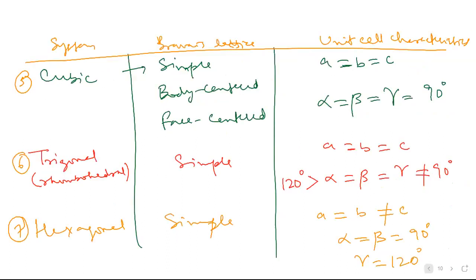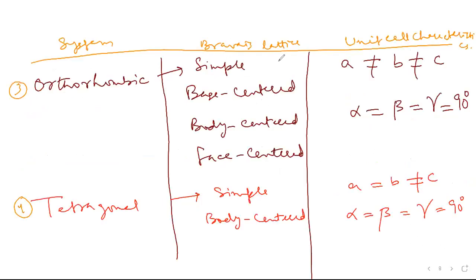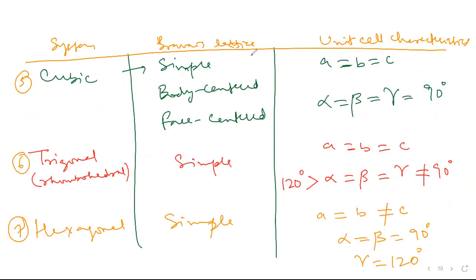Let us count the Bravais lattices. Here we have one lattice possible. Here we have 2 lattices possible. In another system, we have 4. Here we have 2. So here we have 3 possible.